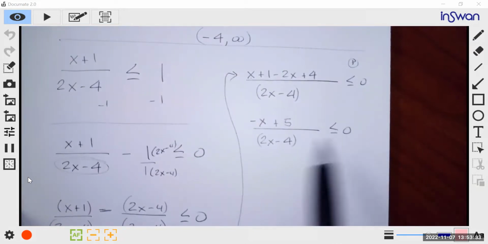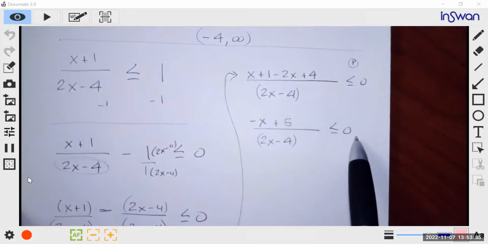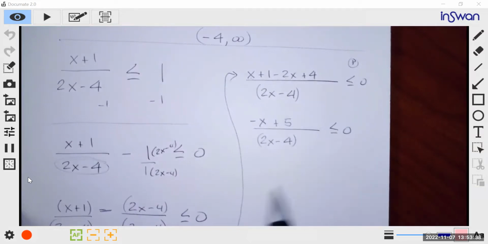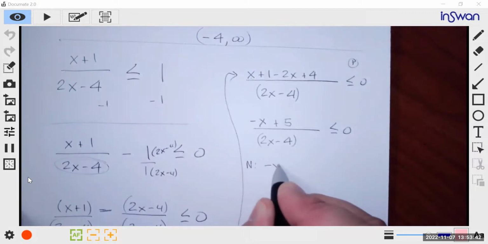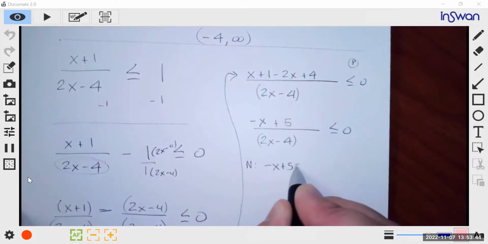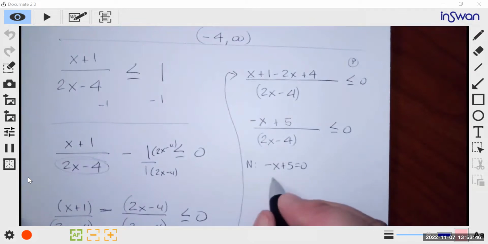All right, now we have 0. We have one expression and a 0. First, set the top equal to 0: negative x plus 5 equals 0, so x equals 5.